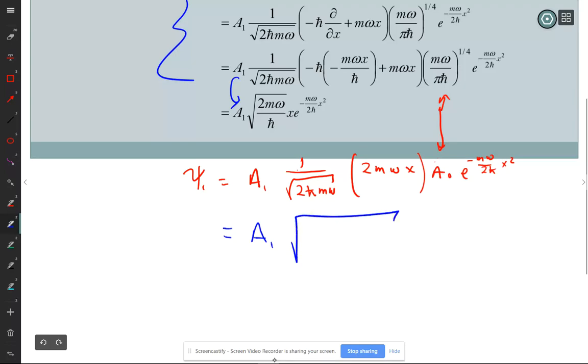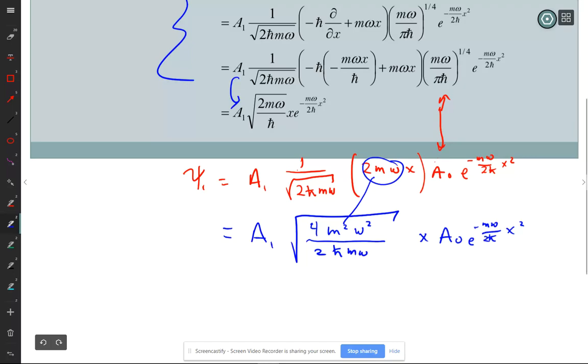I'm going to take this 2 m omega and put it inside the square root in the numerator position. So when I put 2 inside the square root, it becomes 4. And m becomes m squared, omega becomes omega squared. And then I have out here still the x, A0, e to the minus m omega over 2 h bar x squared.